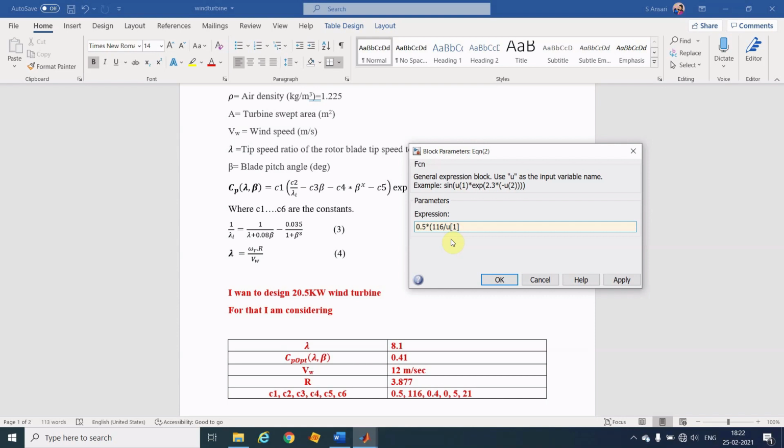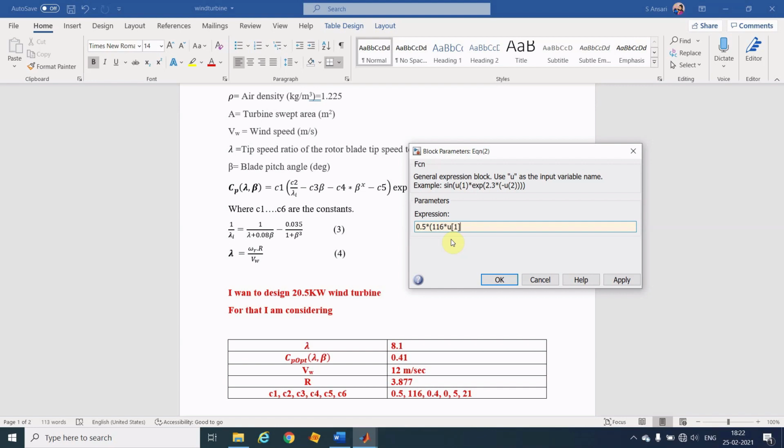I will consider 1 by lambda I as u1. Okay, so I have to multiply. I will consider, okay, u1 as 1 by lambda I.